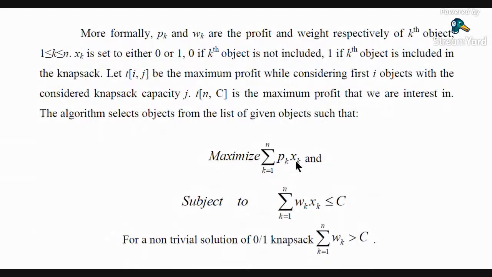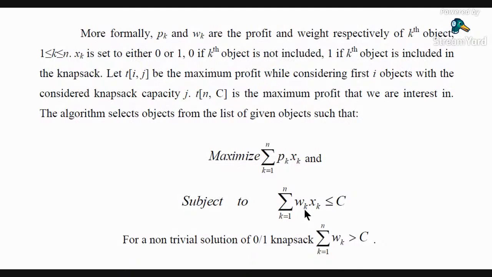If it is 1, then the profit is included, and if xk is 0, then the profit is not included. So we want to maximize this expression subject to a constraint: the sum of Wk multiplied by xk, where Wk is the weight associated with the kth object, should be less than or equal to C, because we cannot go beyond the knapsack capacity.